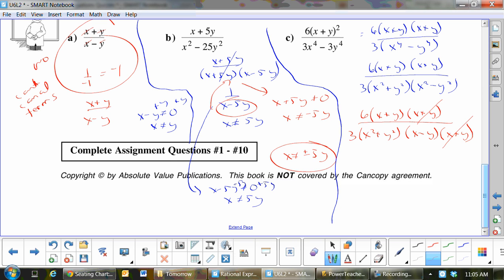Your final, oh, sorry, one more thing. Do you see how we have a 6 and a 3? We can't get rid of them, but we're going to divide each by 3, which would leave me with 2 times x plus y all over x squared plus y squared times x minus y.